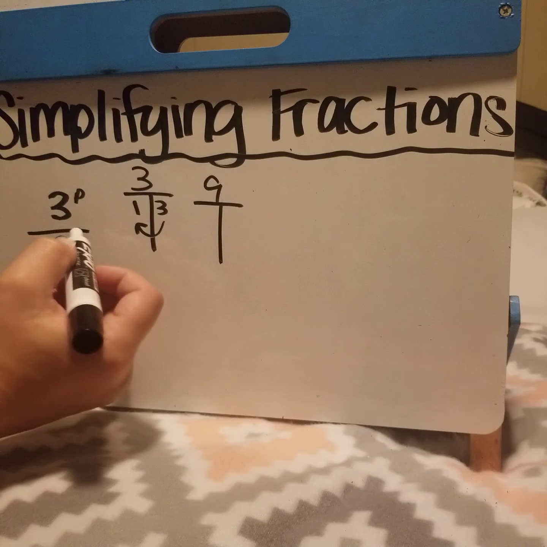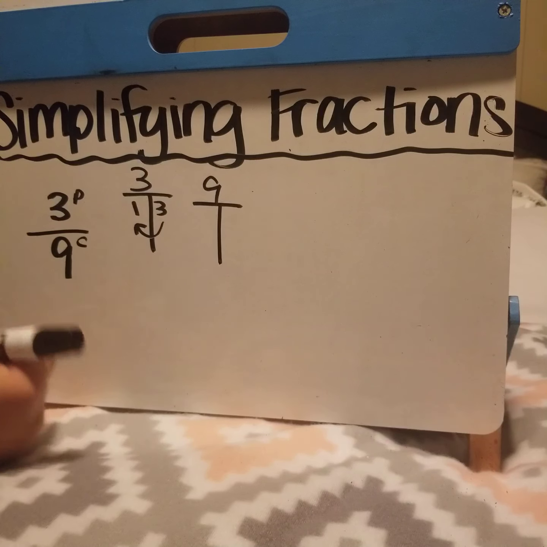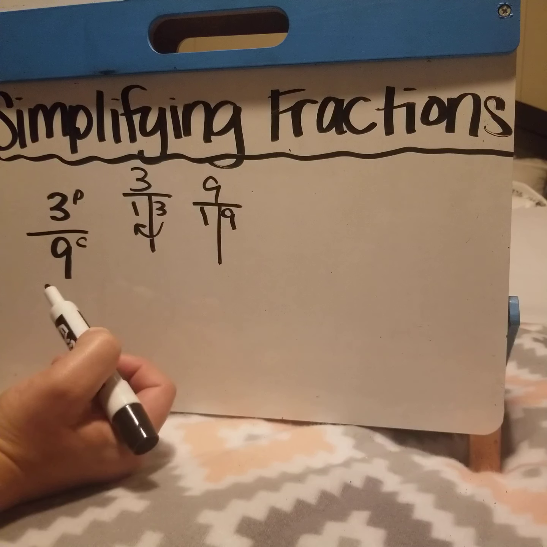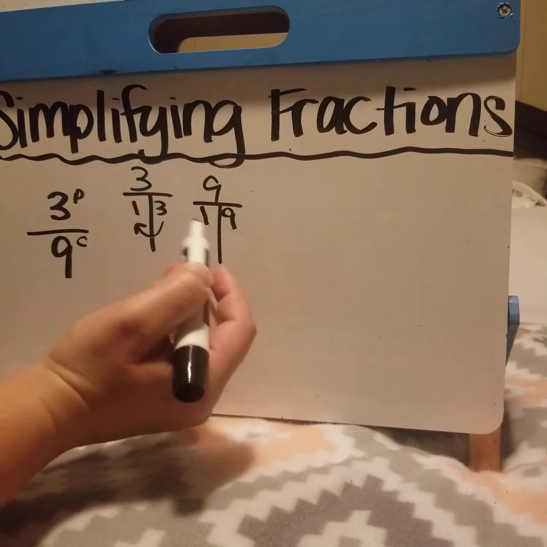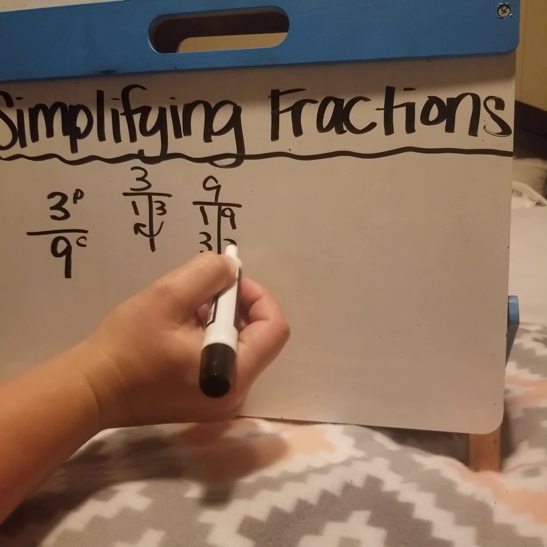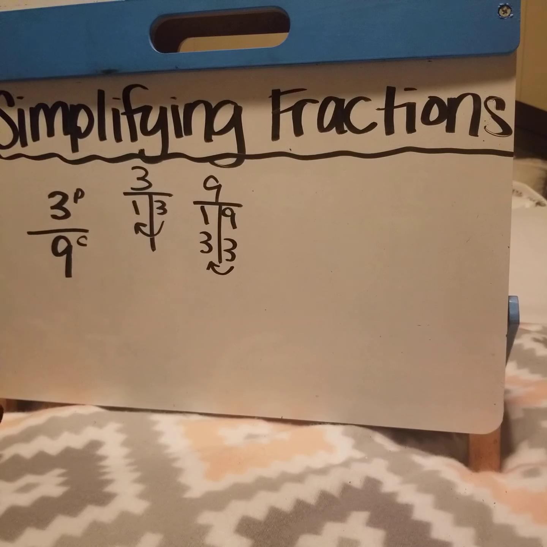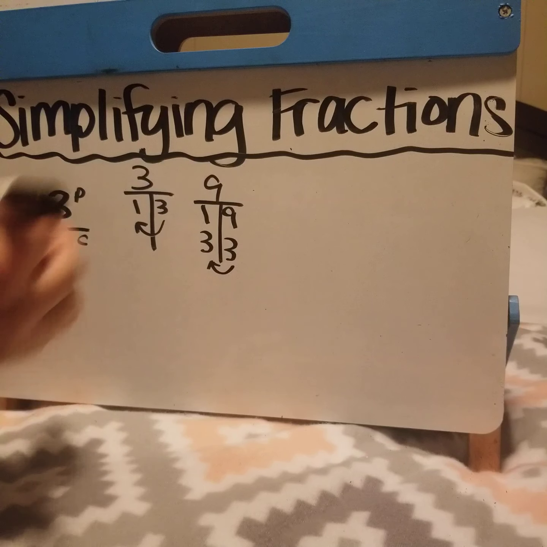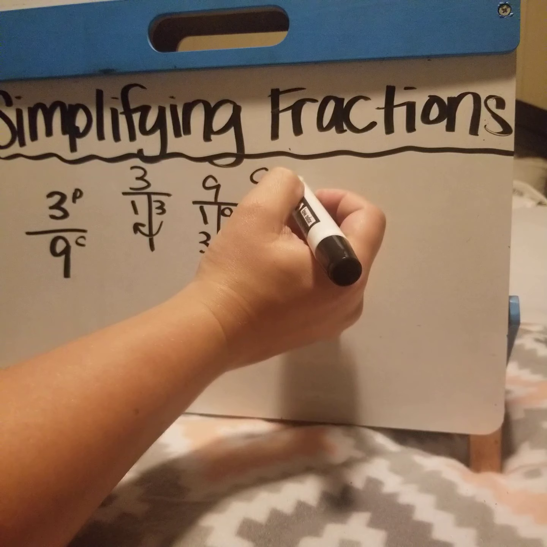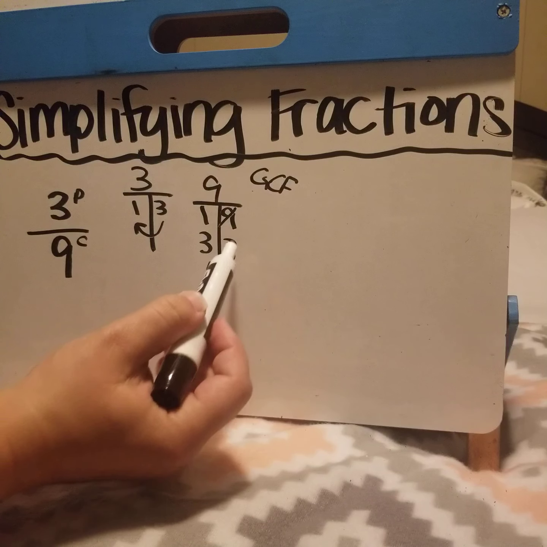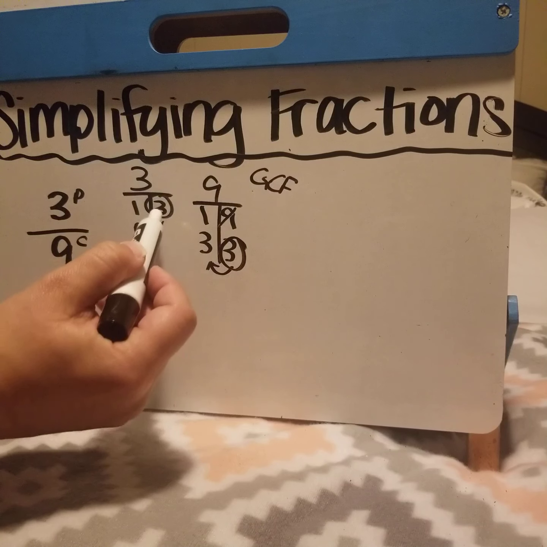So 9 is not a prime, it's a composite number, which means it has more than 2 factors. So 1 times 9 is a factor. 2 does not go into 9, 3 does. So 3 times 3 is 9. Since they're common, that's a U-turn. So we're trying to find what number is common, but we're looking for the greatest common factor. So the GCF can't be 9, but it is 3 because that is common.